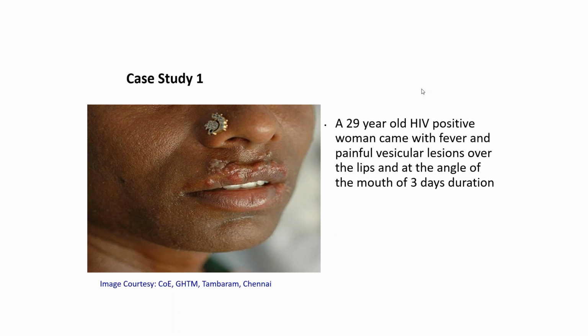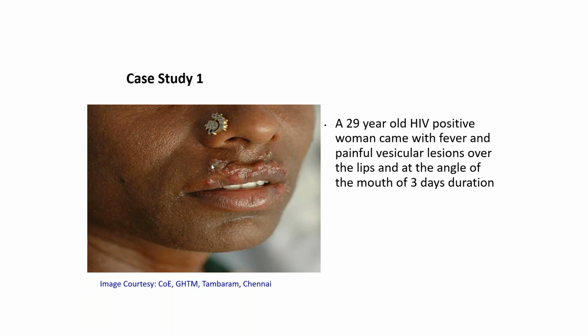So Chavi has written down, I'm going to take your name. Chavi has written that this is herpes labialis, and I'm really glad Chavi said that. Yes, so this is a PLHIV who has come to you with a history of fever for 3 days, and the patient has complained of pain, and there are lesions here at the upper surface of the mouth. You can see that these are vesicular lesions.